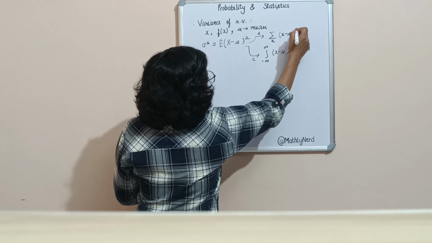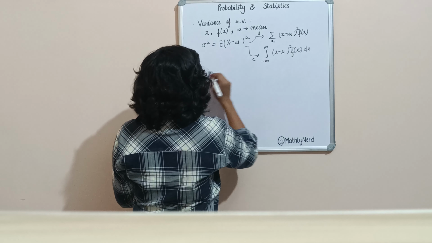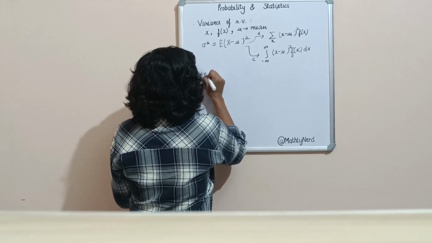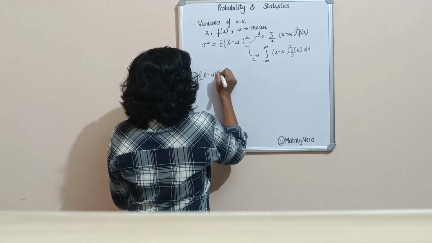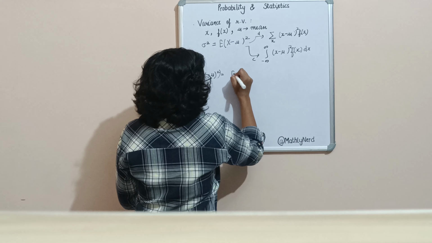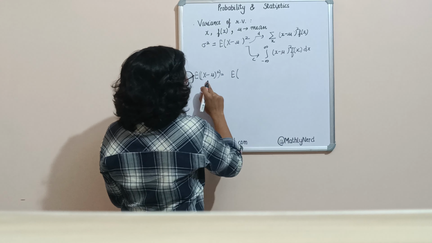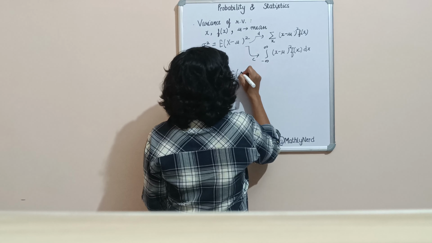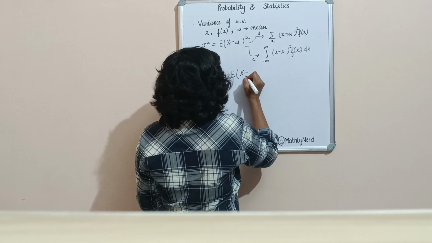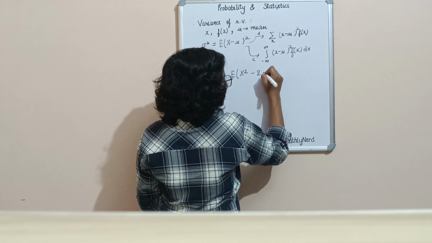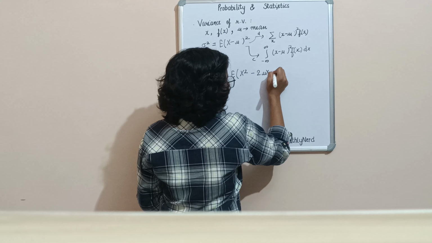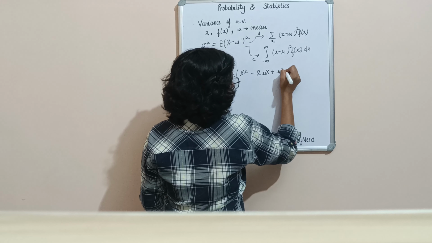E of (x minus mu) whole square. This will be equal to E of, if we open this whole square, x square minus 2 mu x plus mu square.